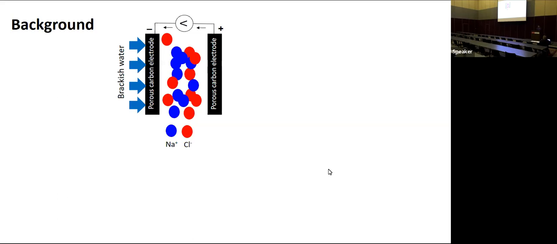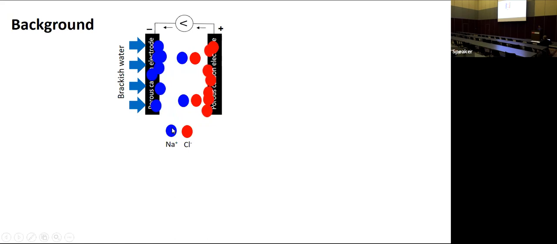In CDI, cell voltage or current is applied across a pair of porous carbon electrodes so that ions in solution, for example sodium and chloride, cations and anions, are removed by the electrode of opposite charge through electroadsorption and storage within electrical double layers. As a result, we have treated water produced at the effluent.